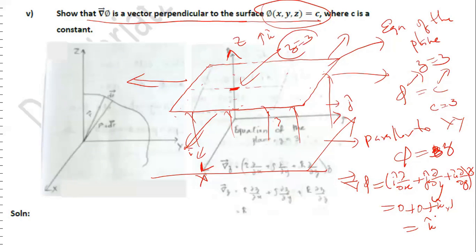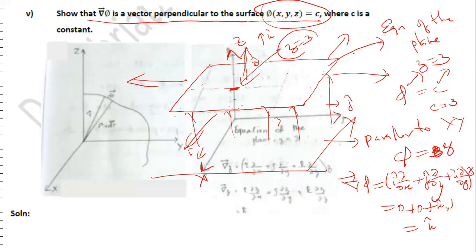See, that's exactly what you can see here. K cap is a unit vector pointing along the z-axis, right? So as you can see, k cap is a vector perpendicular to z equal to 3 plane. So this is what we are trying to prove.